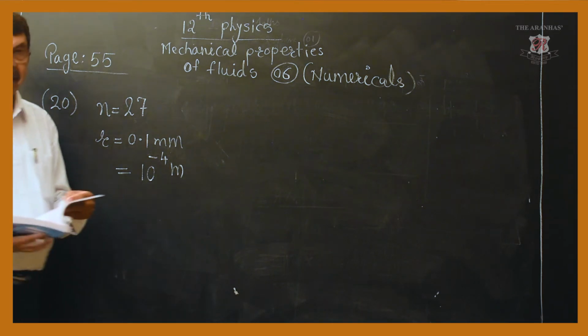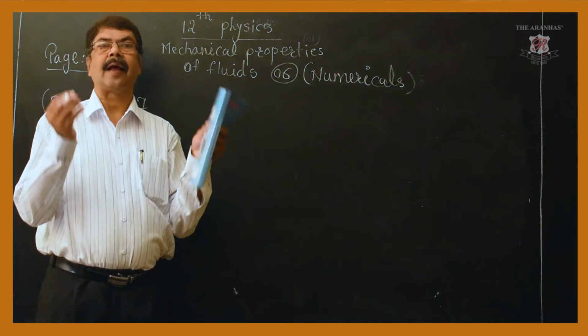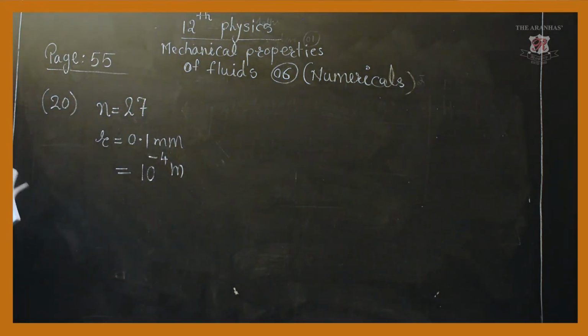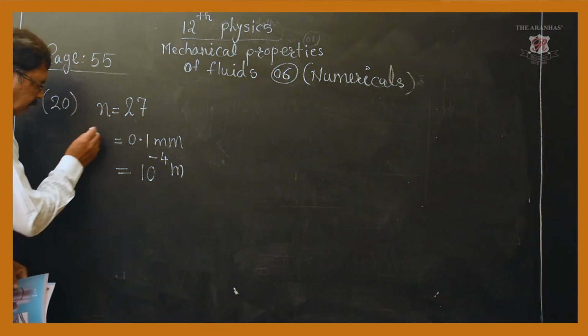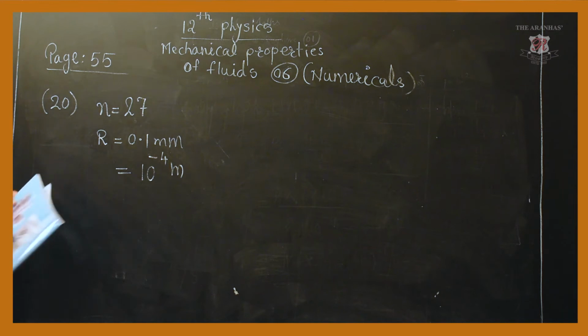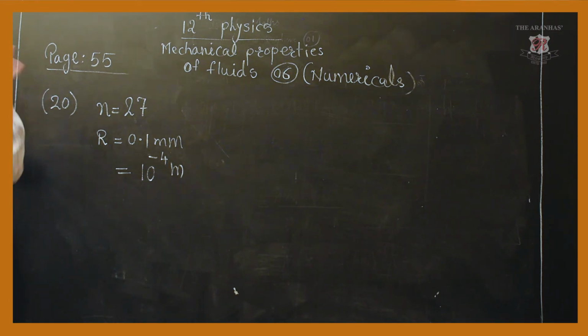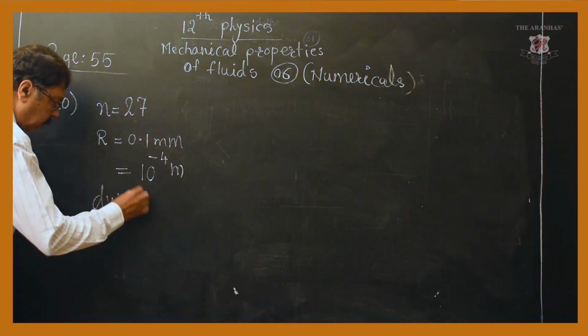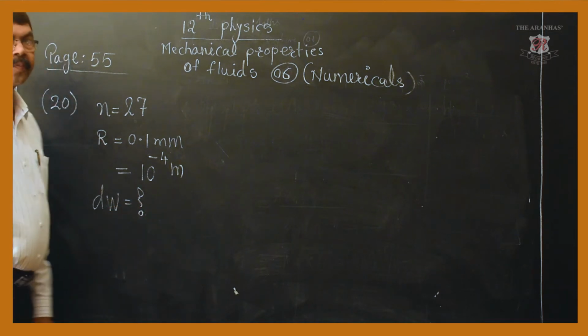They coalesce into a single drop. Coalesce means they come together and form a new drop. Okay, I'll label this as capital R. R is the radius of each small droplet. They come together and build up a bigger drop. Find the change in the surface energy. You are supposed to find dW, the work done.